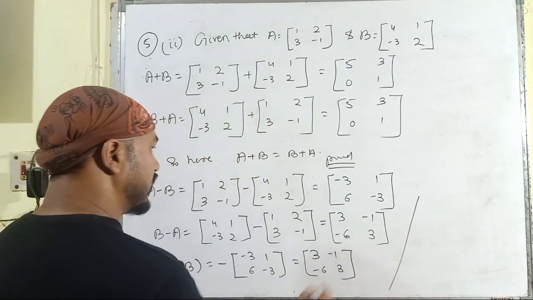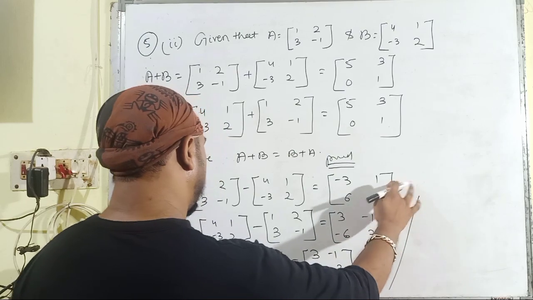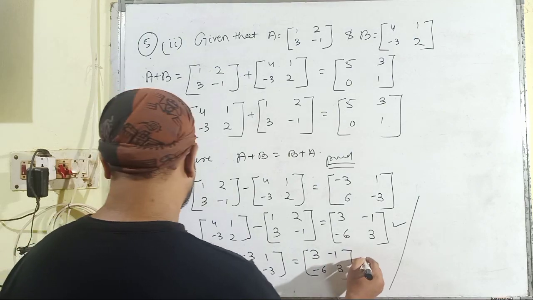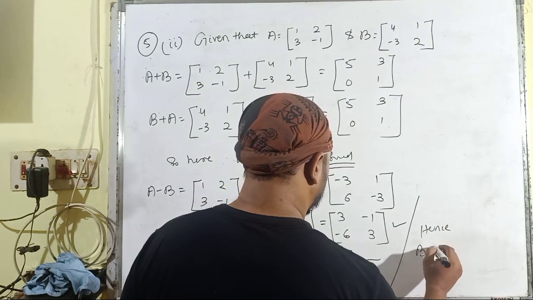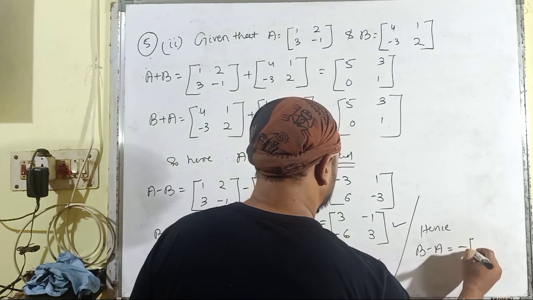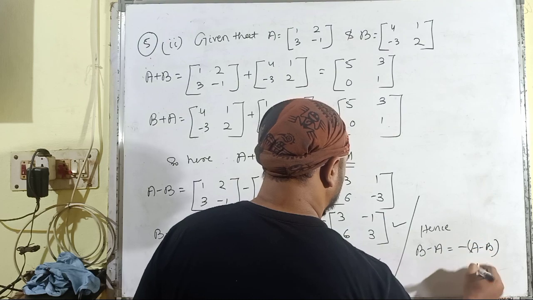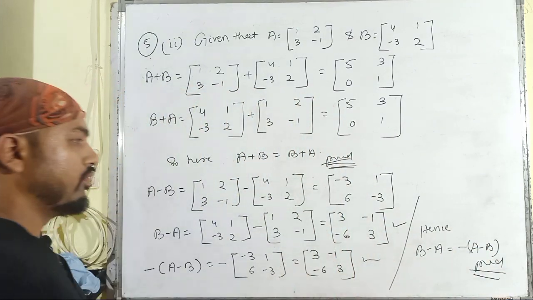So here you can see that these two matrices are equal. Okay, this is A minus B. B minus A is very much equal to minus of A minus B. Hence, B minus A is equal to minus A minus B. And it is the proof of the second part. Here it is the proof of the first part.